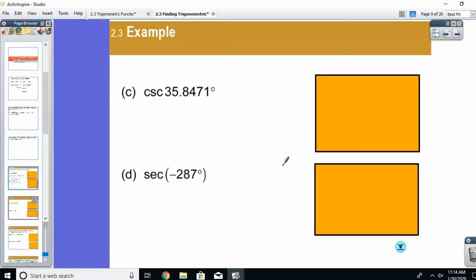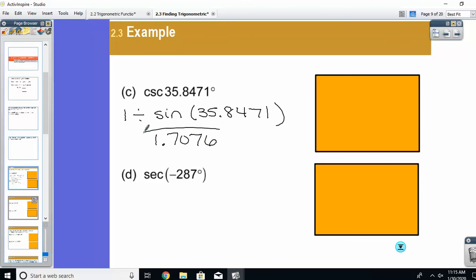So if I ask for cosecant, you are just going to type in 1 divided by sine, because cosecant is the reciprocal of sine. What do we get? 0.7076.